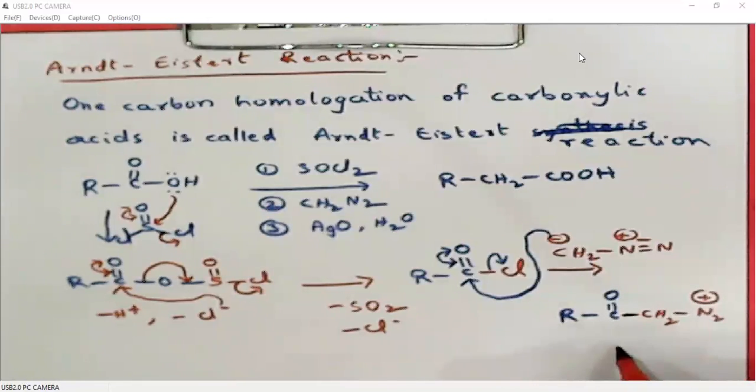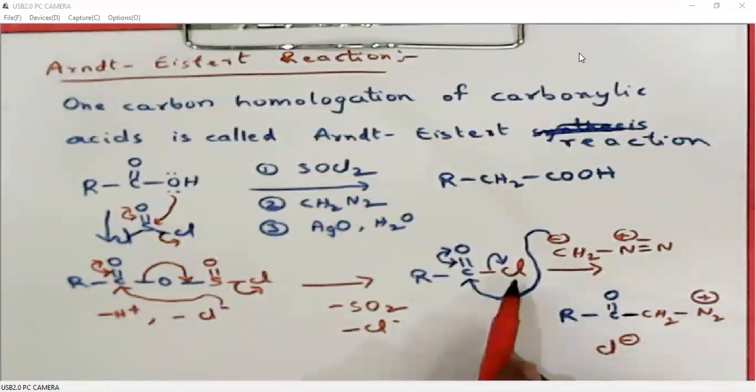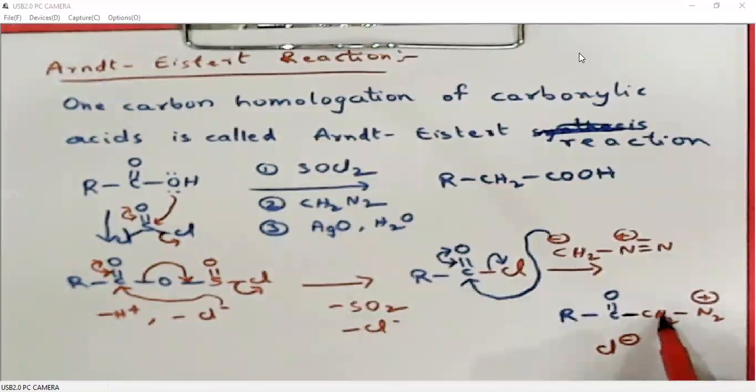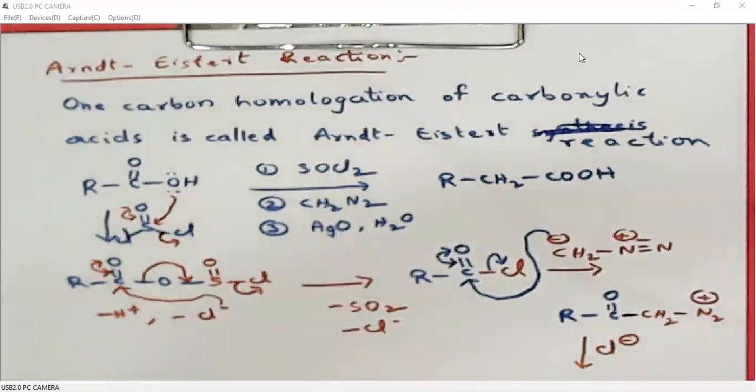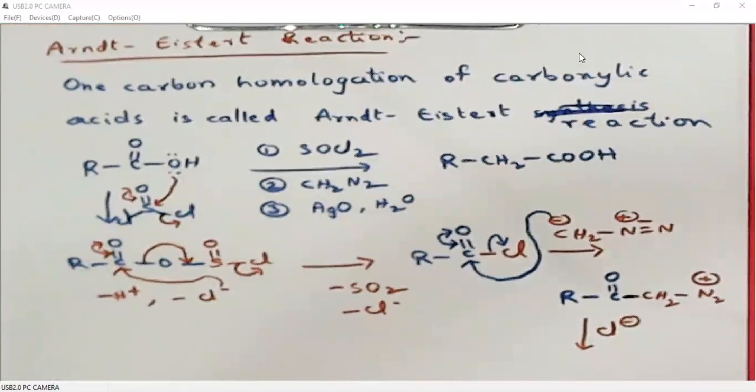Now this Cl minus, which is leaving, will abstract one proton here. So it generates R C double bond O CH minus N2 plus.